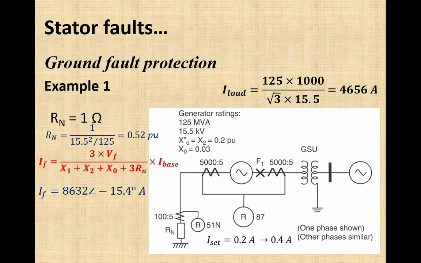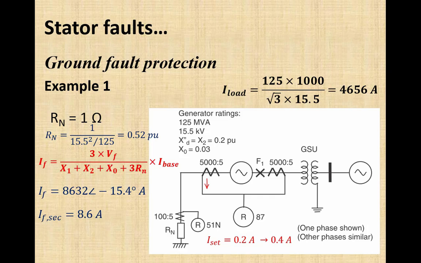So here on the secondary side of this CT, we will get a secondary current of 8.6 ampere. And if we compare this 8.6 ampere current with the setting of the relay, which is from 0.2 to 0.4 ampere, it is again sufficiently higher than this value.